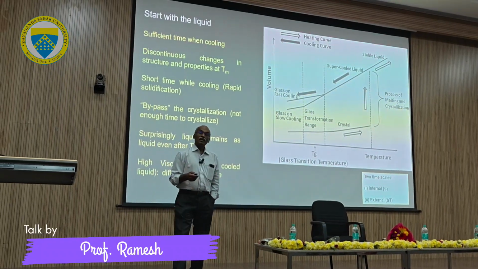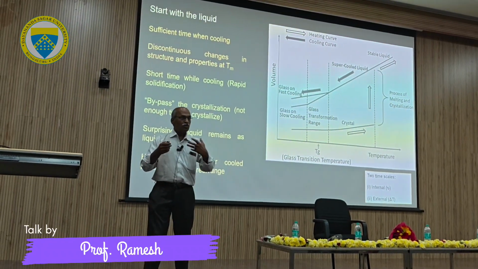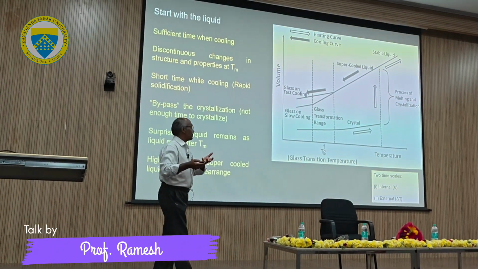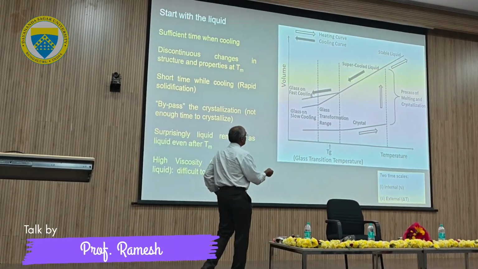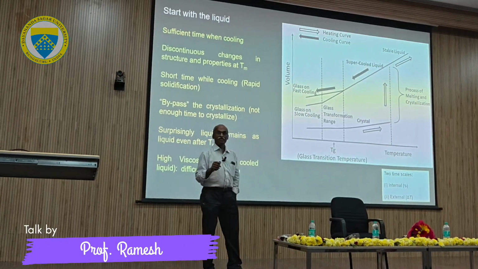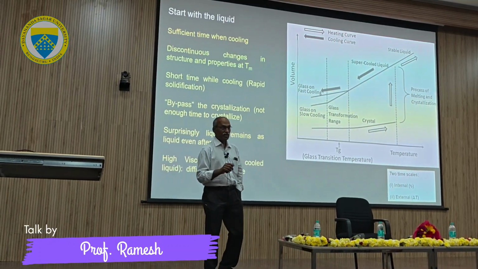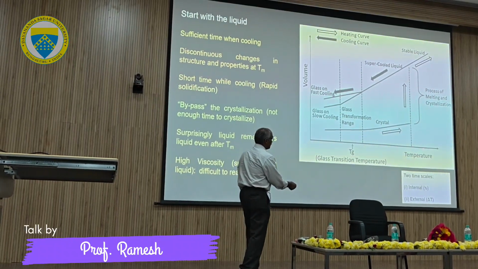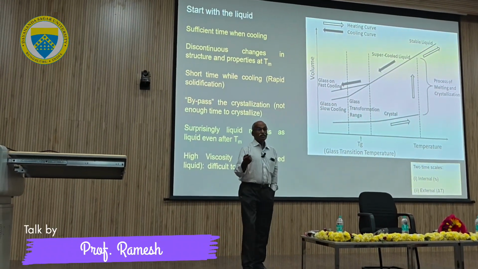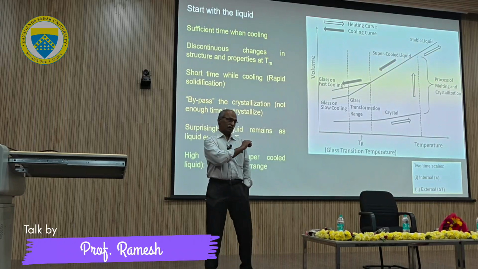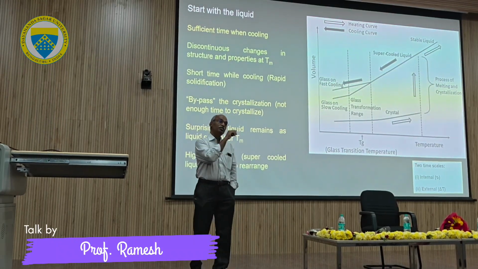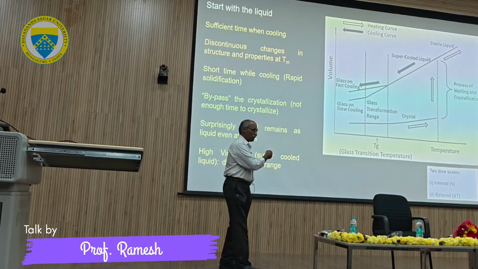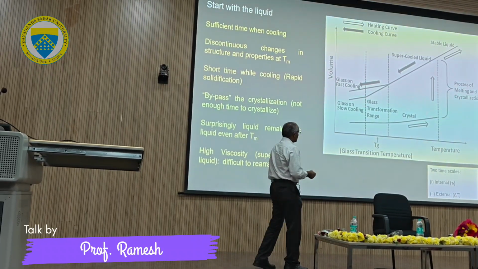As a result, the atoms don't have much time to find their neighbors, and they get confused actually. So as a result, the liquid remains as a liquid actually. It's very strange actually. Even below this melting temperature or freezing temperature, the liquid remains as a liquid. It's still not well understood why the liquid remains as a liquid even below its freezing temperature. It's an open question, people are still trying to understand, but this is what happens actually, right?